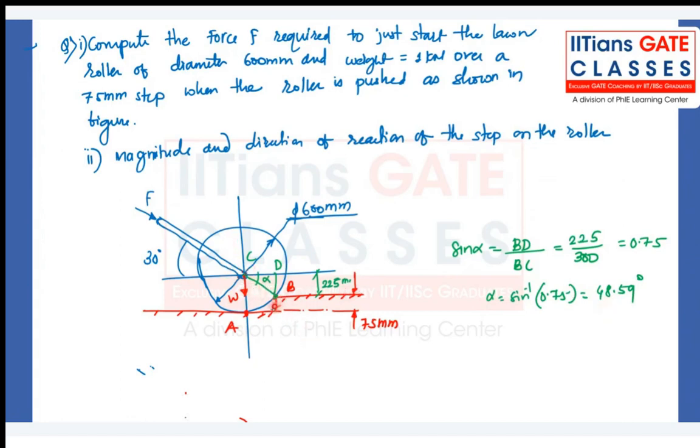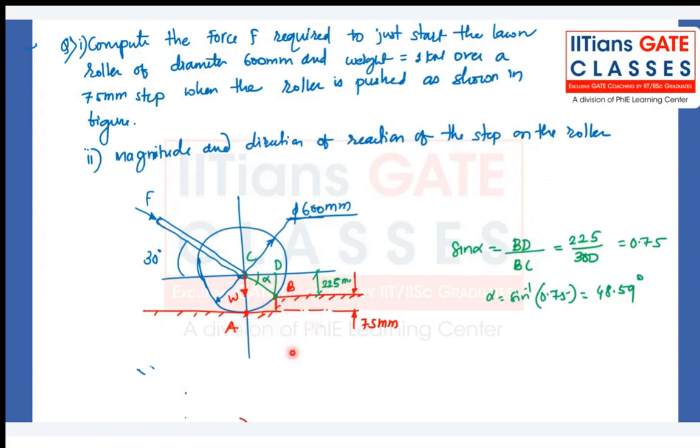So at this alpha angle you will have a reaction from the step to the roller, and that is not along the line of action of the 30-degree force. The 30-degree force, Abhishek, will create a moment, but you have to draw the line of action again and then calculate the perpendicular distance, which is time consuming.